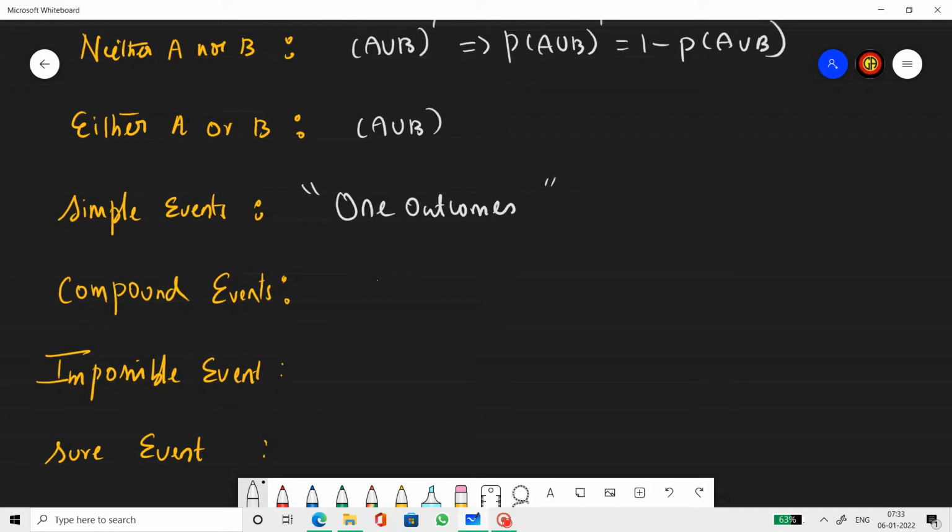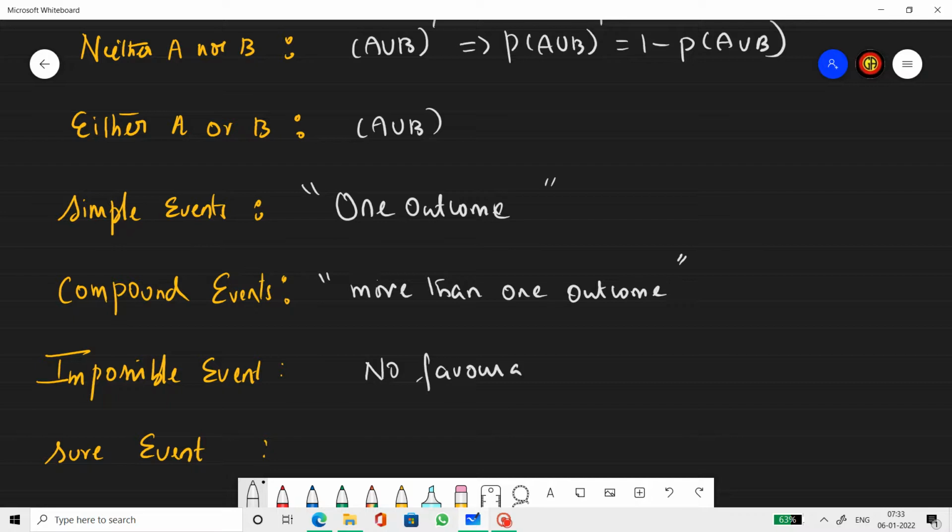Compound event: more than one outcome. So that's said to be a compound event. Impossible event: no favorable outcomes.